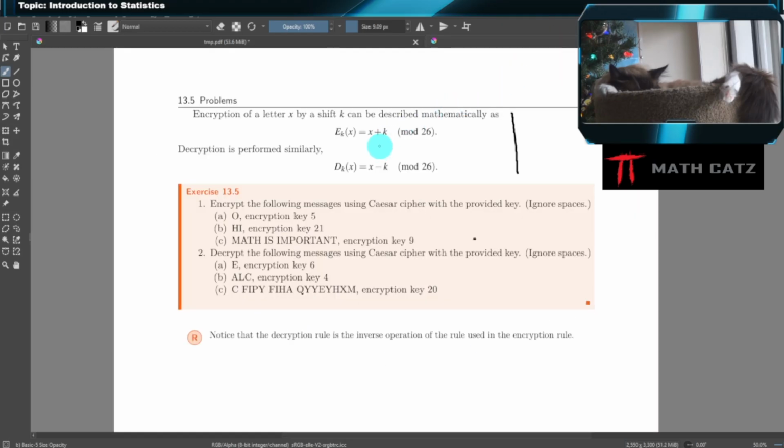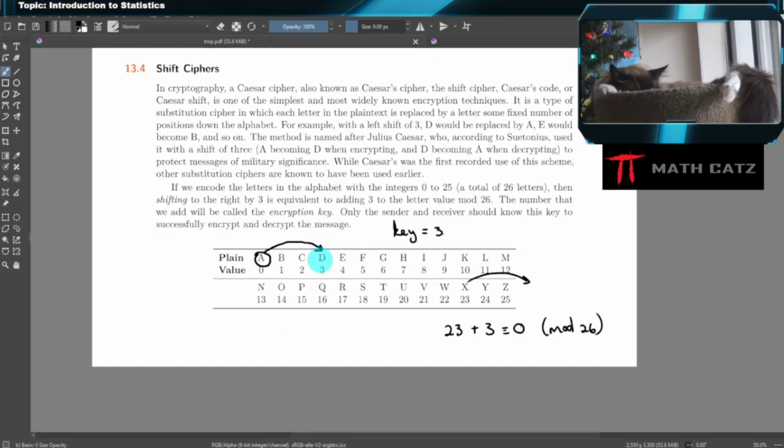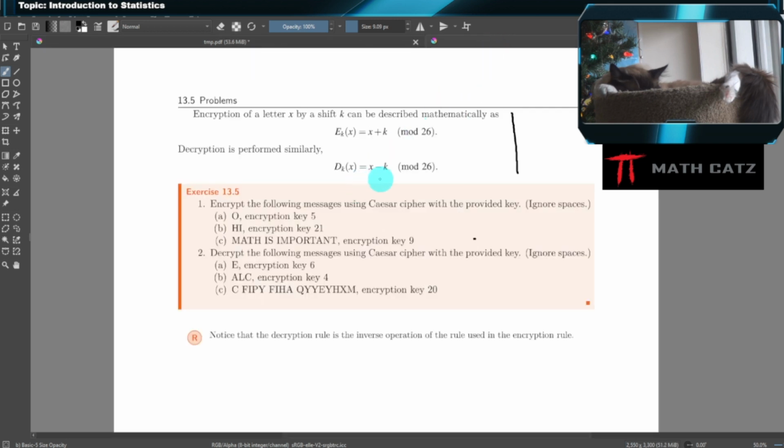And if the correct receiver knows the key that we used, they can reverse that by simply taking, for example, the value of D. That's what they're going to get. And they know, well, we added 3, so they're going to have to subtract 3, that same key.